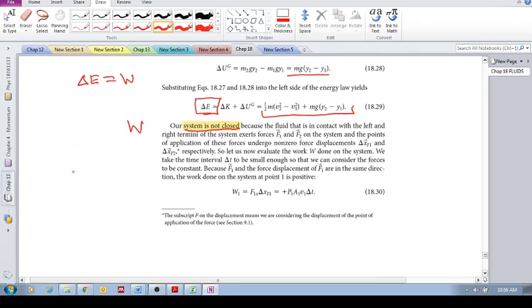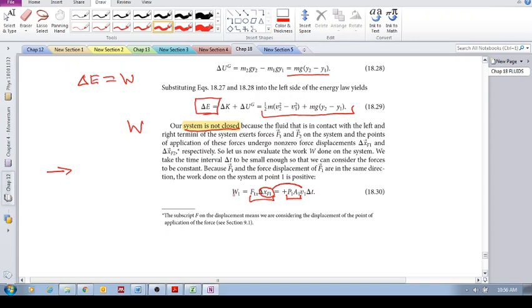Work 1, which is on the bottom right there, is the force 1 times delta x1, and this force 1, if we relate it to pressures, becomes pressure at 1 times the cross-sectional area. And this delta x, if we relate it to speeds, becomes the speed times delta t.